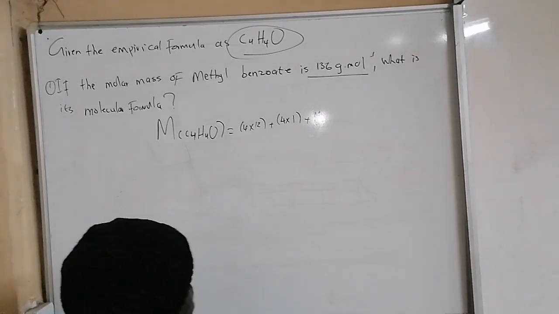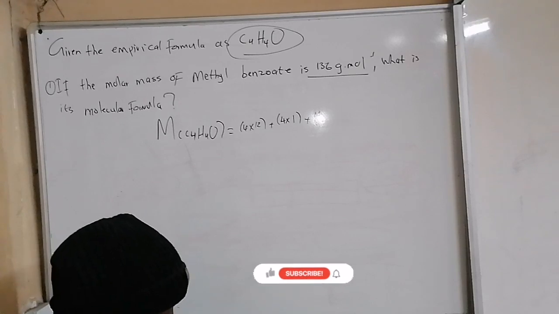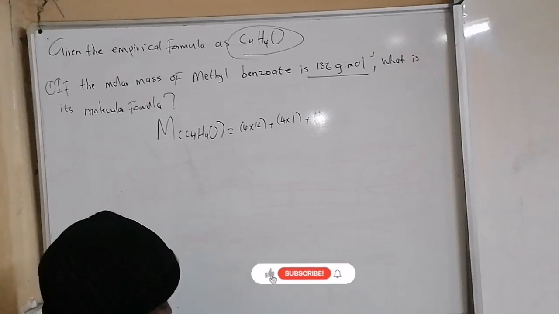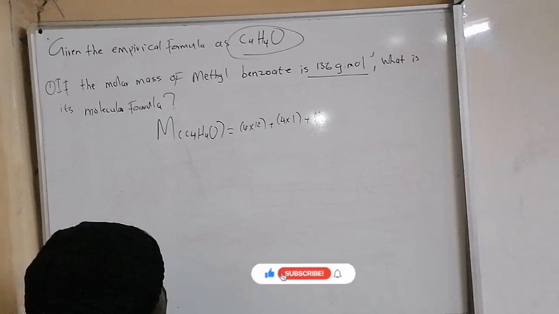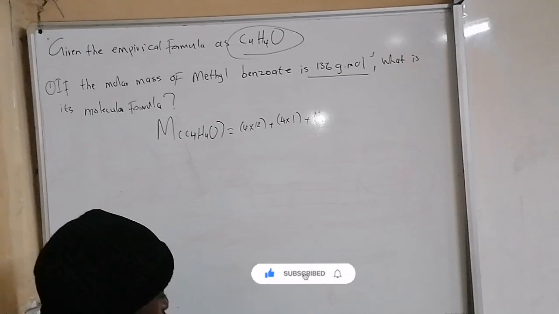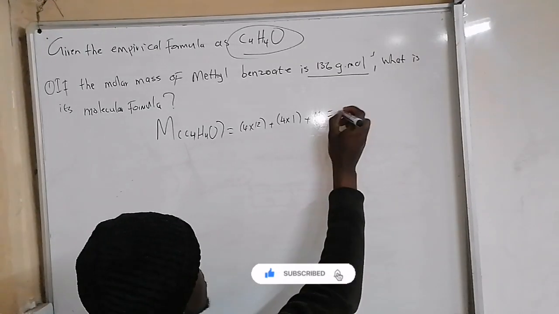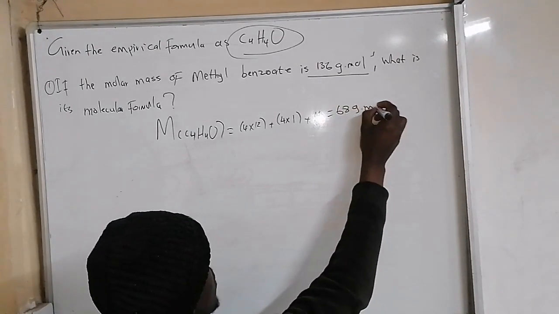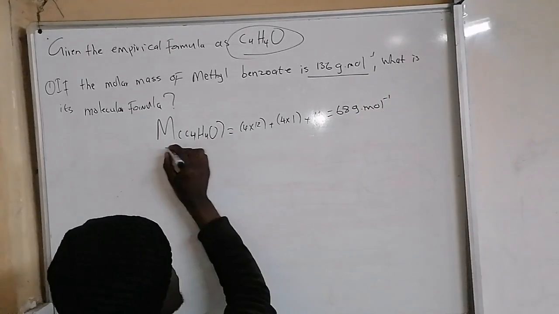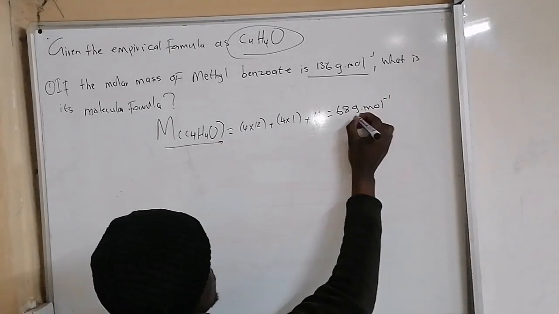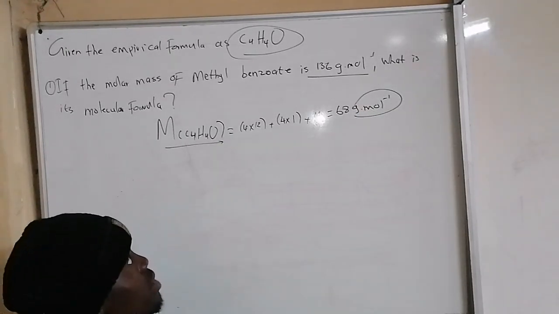Just use your calculator: 4 times 12 plus 4 plus 16, which is 68 gram per mole. Remember, we are looking for the molar mass, so grams per mole is the SI unit for the molar mass.